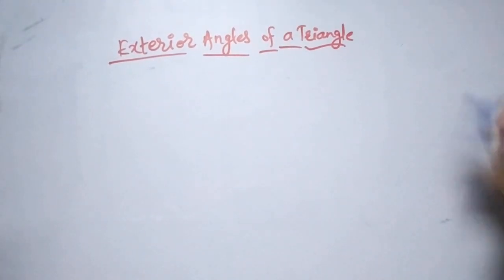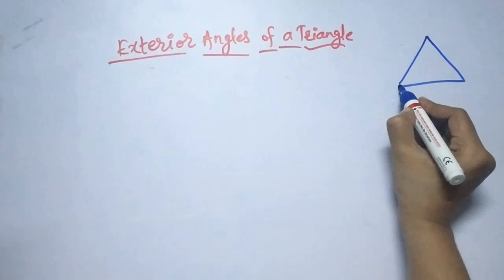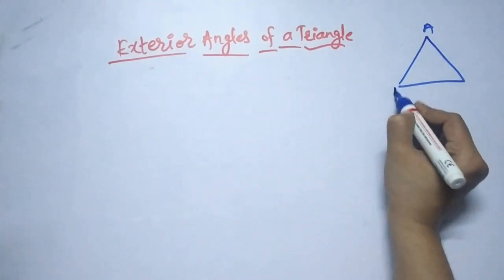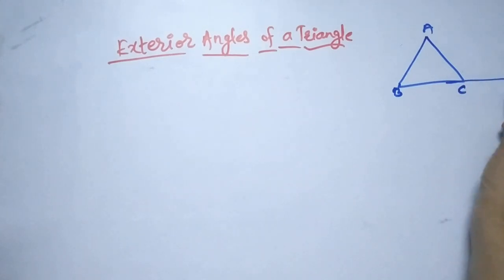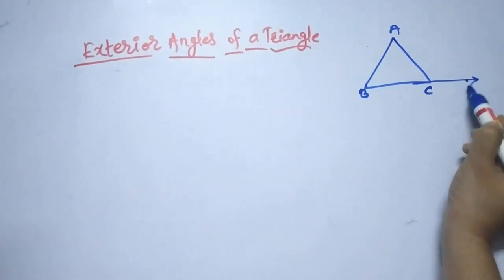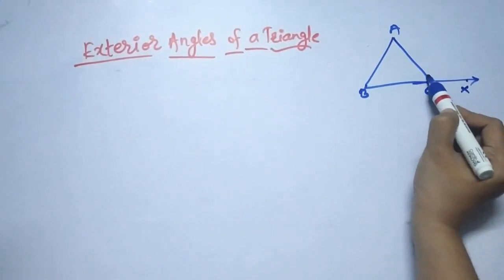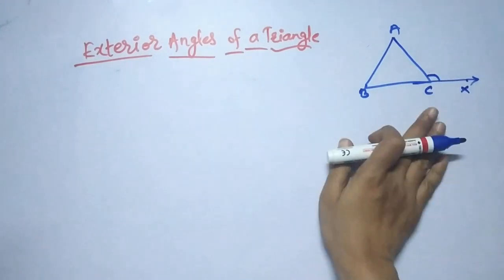So friends, first of all, consider this one triangle ABC, and I am going to produce this BC side in this direction. So we get, suppose, any point X here. This angle is called the exterior angle.